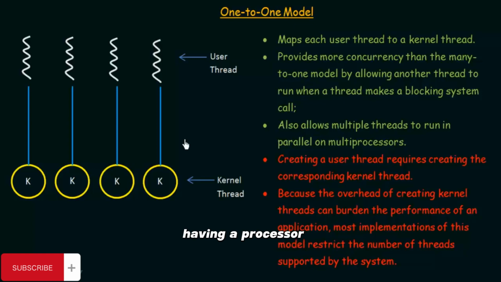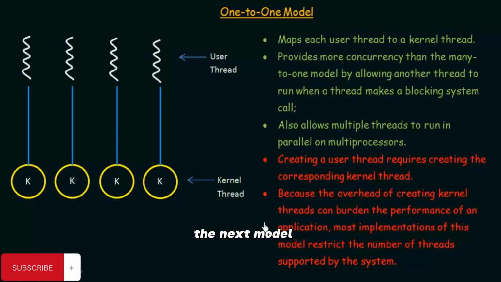If you have a system with 4 cores, that means you have 4 processors. And if you have 5 threads and try to make those 5 threads run at the same time, it may not work. So the application may have to restrict the number of threads that are supported. That is another disadvantage of this one-to-one model.